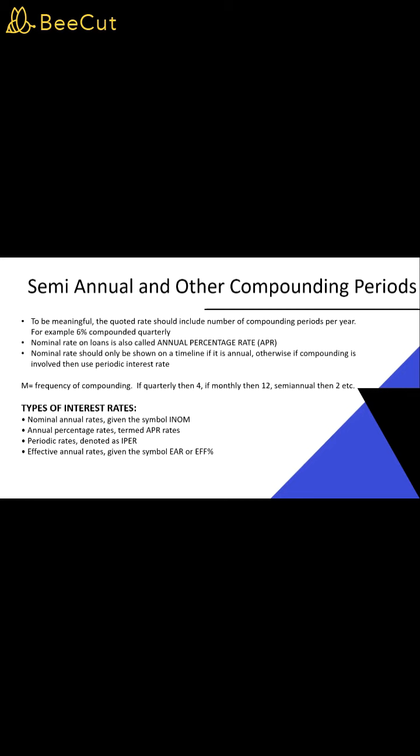So it's important for you to be familiar with each one of these. And again, the annual nominal rate is just the normal annual interest rate that we are talking about, right? And also, if you hear the word annual percentage rate, you should know that it is basically the nominal rate on a loan. So it's again an annual rate, unless specifically mentioned otherwise.